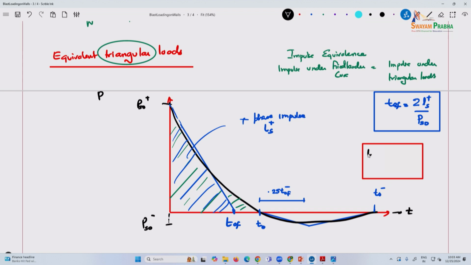TOF minus is 2 Is negative divided by PSO negative. So here PSO negative, this whole thing is Is negative. Any questions?